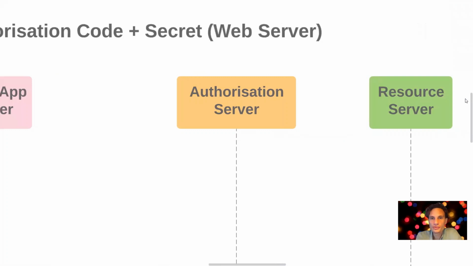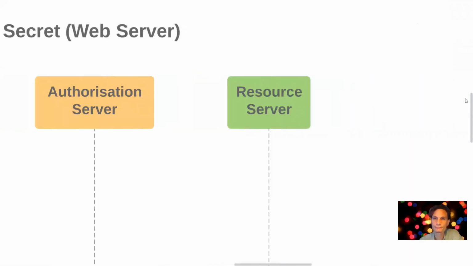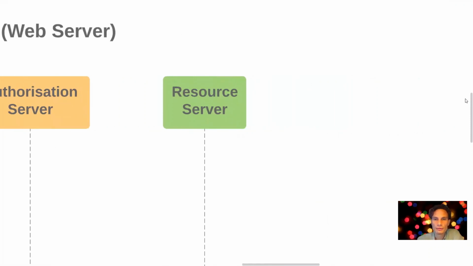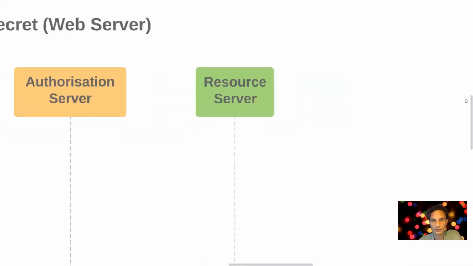The authorization server, which is the system logging the user in, so authenticating the user, and also checking their acceptance of the scopes that have been requested from the client app server. And the resource server, which is the application where the protected resources reside, the application that the client app server is requesting a token to access.